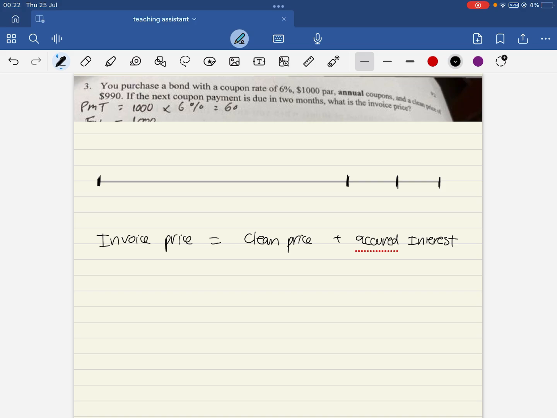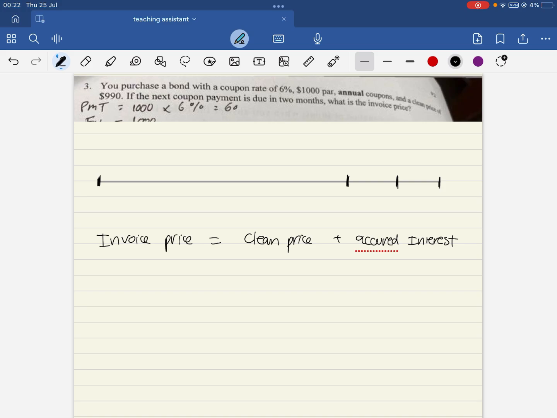So you as an investor in this exercise, you decide to buy a bond when it is only 2 months behind the next payment. Just a reminder, a bond pays an investor a fixed amount of money every year as an interest.